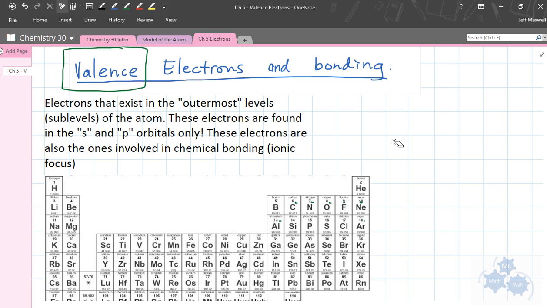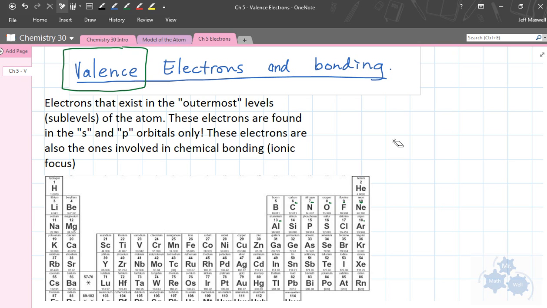Remember, the p orbitals are 1 sublevel. There's 3 distinct p orbitals, but they are degenerate, so they're the same energy. That represents 1 sublevel, the p sublevel. So there's the 2s, and then there's the 2p, so 2. For level 3, we have 3s, 3p, and 3d. There's a 3d sublevel.